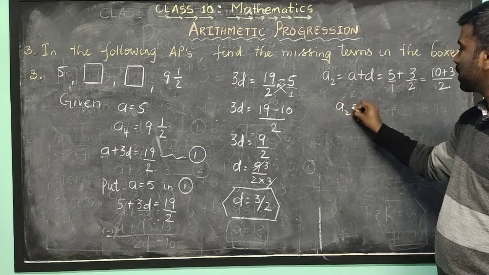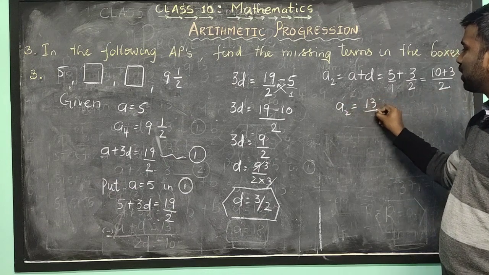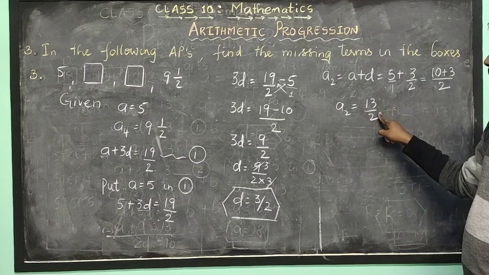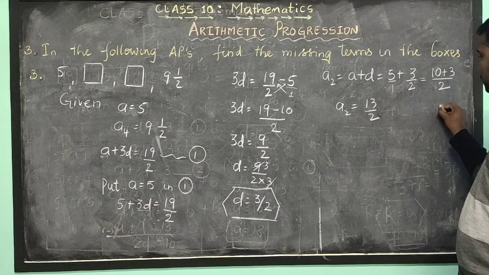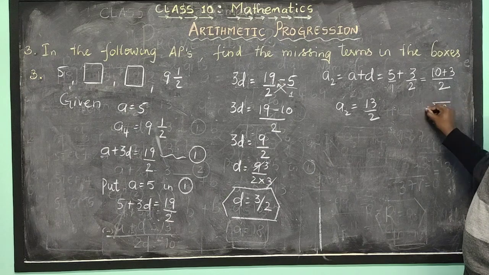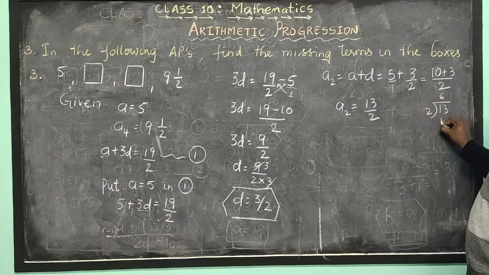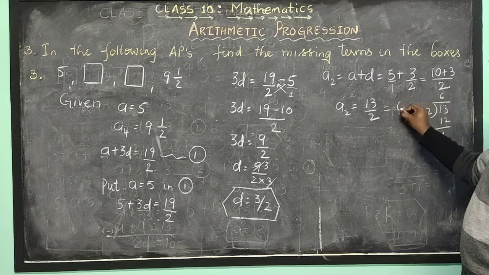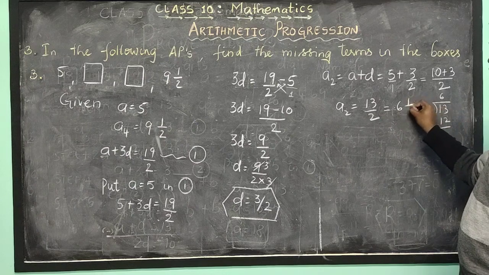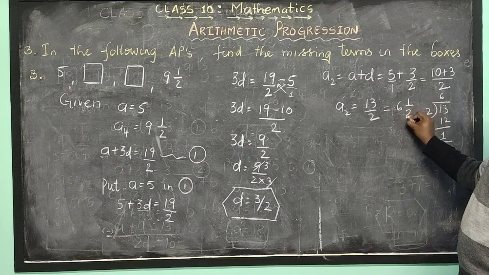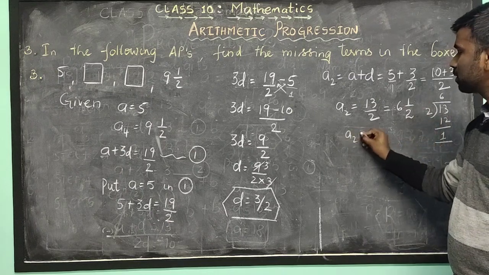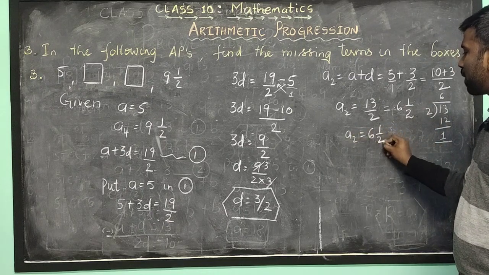Therefore, A2 equals 13 by 2, which can be converted into a mixed fraction. 13 by 2, 2 6s are 12, the remainder is 1. I can write it as quotient, remainder and divisor, that is 6 1 by 2. Now A2 is 6 1 by 2.